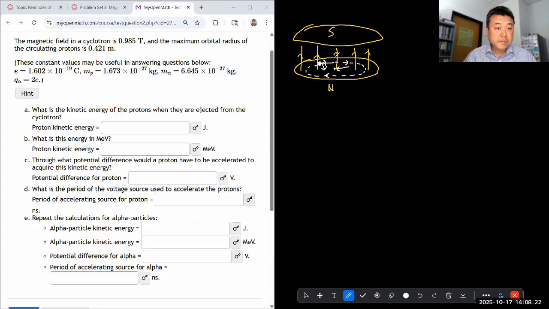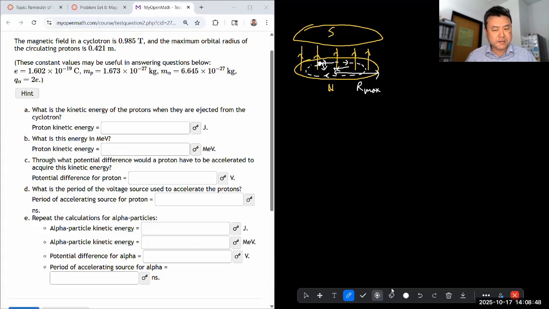So it's giving me some information about the maximum orbital radius of the circulating protons. Let's label it this way. Let's say the edge is where you're going to have that maximum radius. Let me call that R max. So it's asking what is the kinetic energy of the protons when they are ejected from the cyclotron.